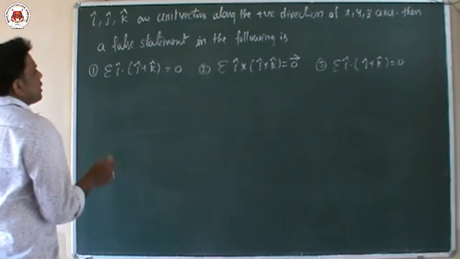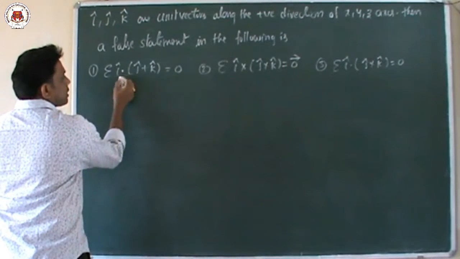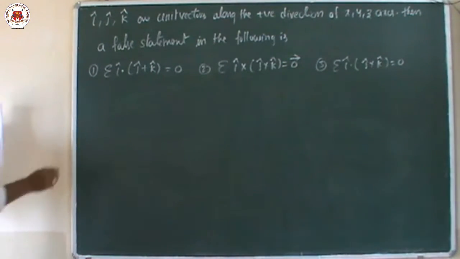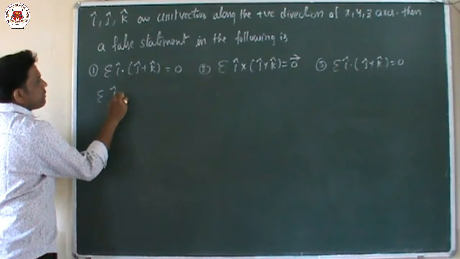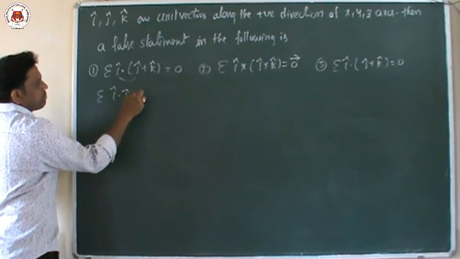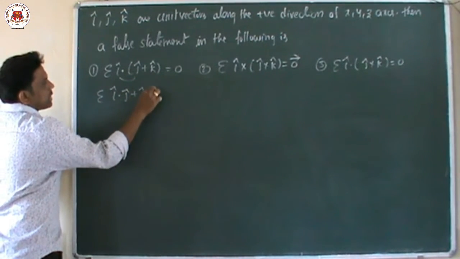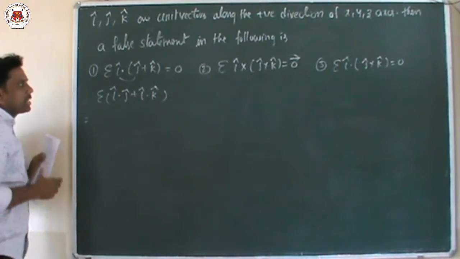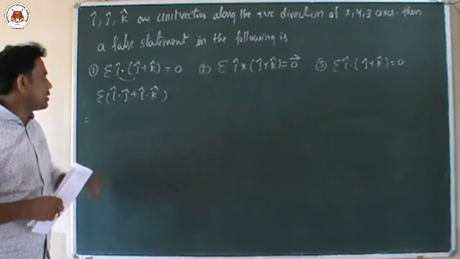So we find out one by one. First of all, here dot product, so we have to do the dot product. How to do the dot product means: here summation of i vector dot j vector plus i vector dot k vector. So if we continue the summation, I am writing the dot product i dot j, i dot k.